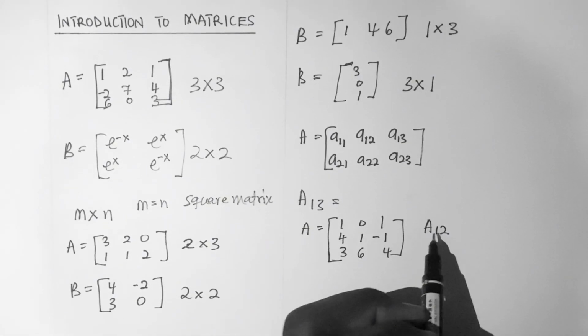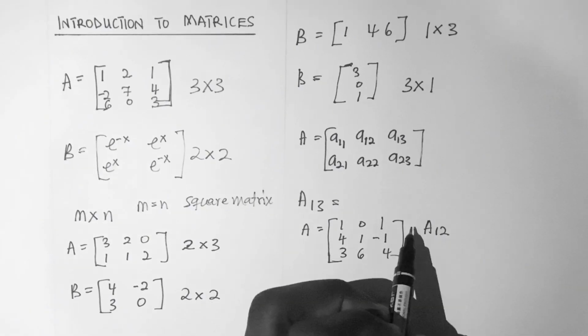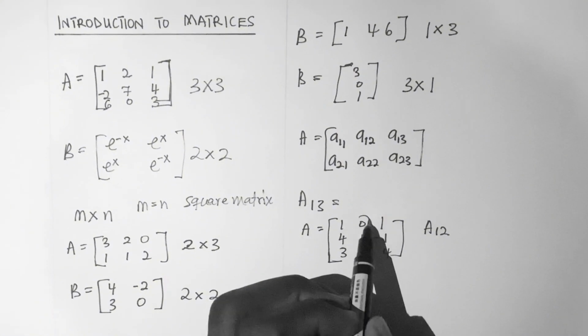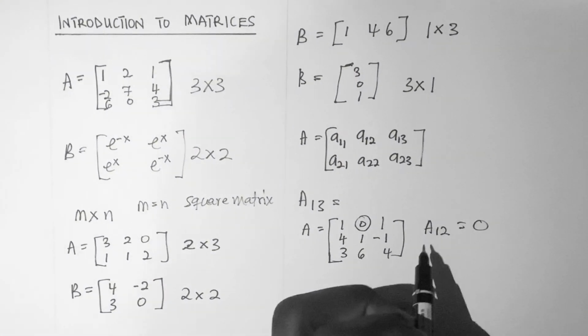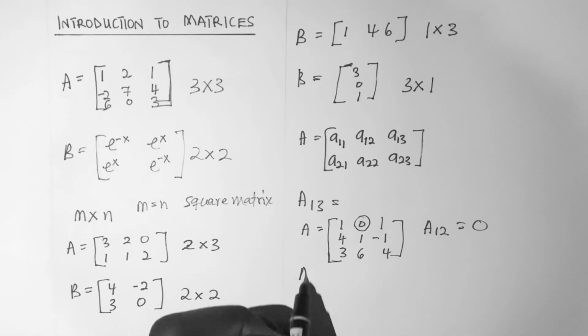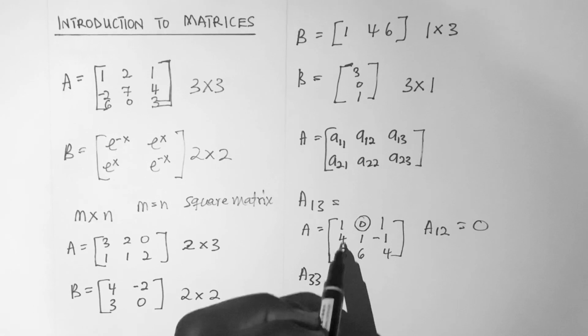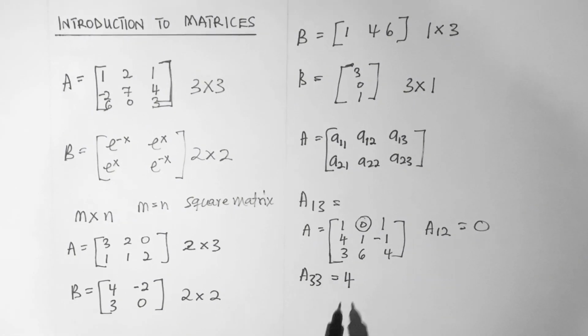A12 means the first row and then the second column. So this is the first row and the second column is 0. So A12 is equal to 0. Now let's find A33. The third row 1, 2, 3, and then the third column 1, 2, 3. So A33 is equal to 4.